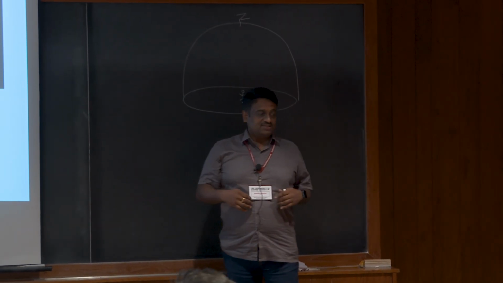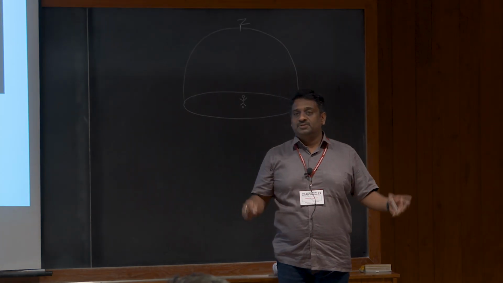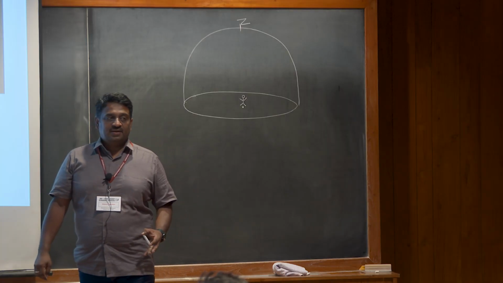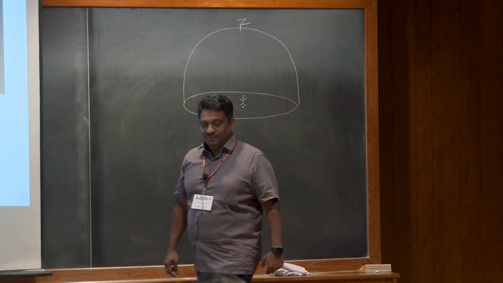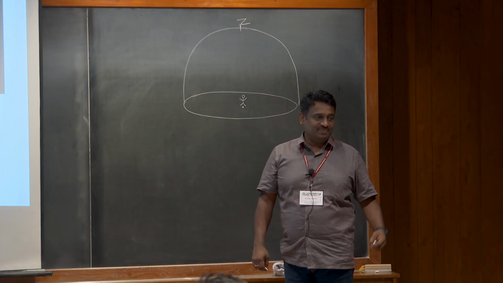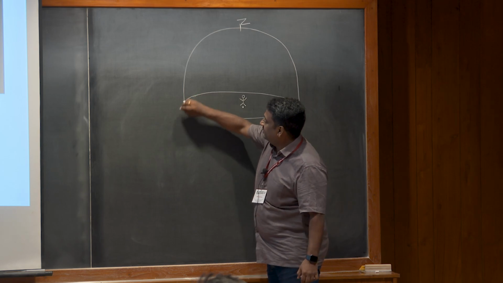Let me ask this question. If you are standing on the equator, where will be the North Pole? Very good, on the horizon, right? Isn't it? The North Pole is on the horizon. So it will be somewhere here, right?